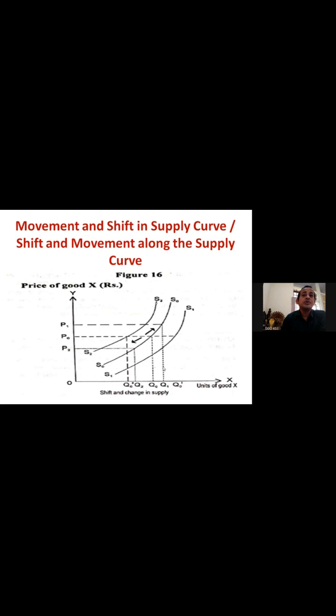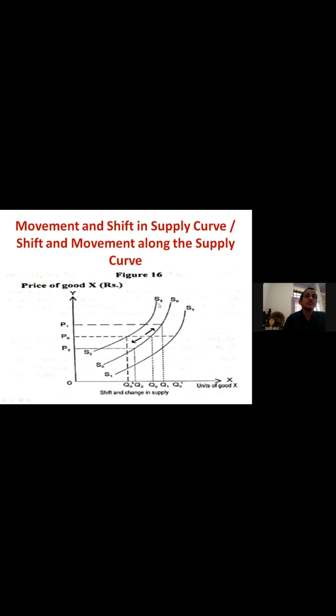Now, at the same price, if supply decreases, we are assuming that the producer has decreased the supply. When the producer decreases the supply, the decreased supply curve is represented by S2.